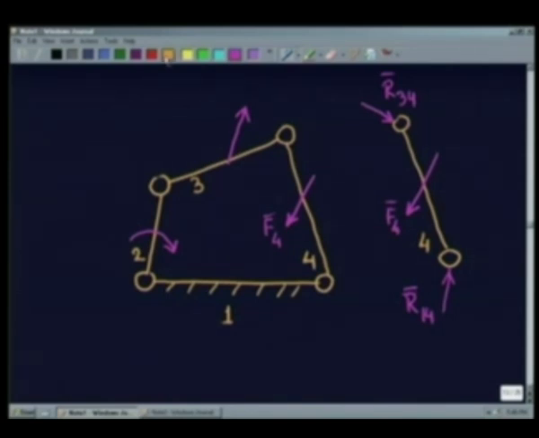Similarly, this particular link, which we call the coupler, under the influence of this force, which we call F3, and the reaction forces like this, will remain under static equilibrium.